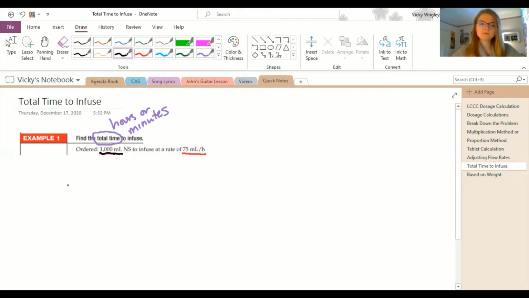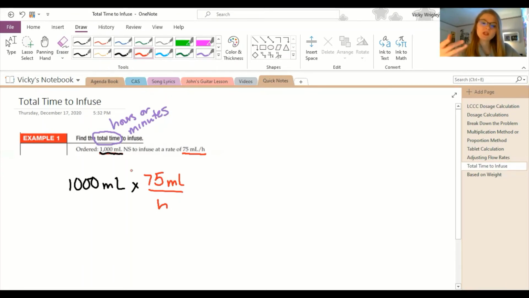So let's set up our problem. Desired dose first, multiply by our conversion factor. Now be careful with this one, because if we just multiply by that conversion factor as written, the milliliters are not going to cancel out with each other.